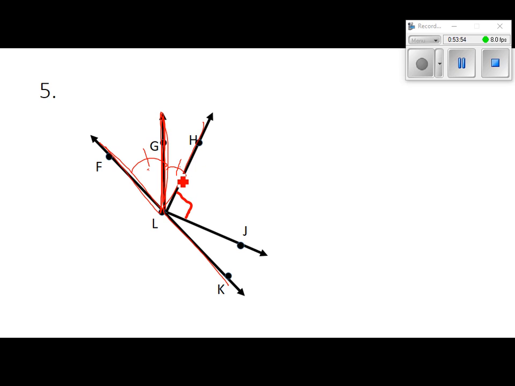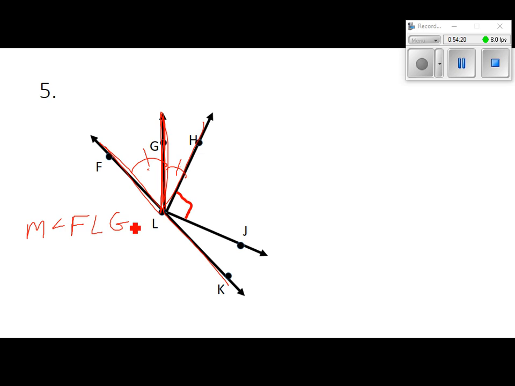The next thing says this. Watch closely so you understand this, because you're going to need it all year long. This little M is measure. So that stands for measure. So this is read: measure of angle FLG.